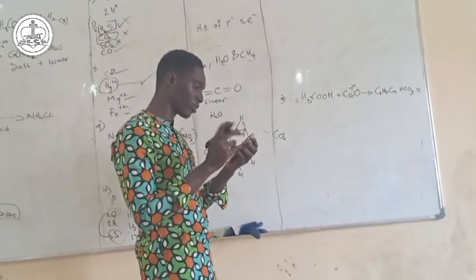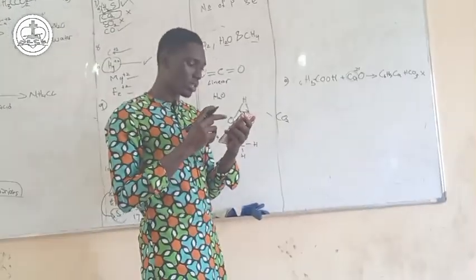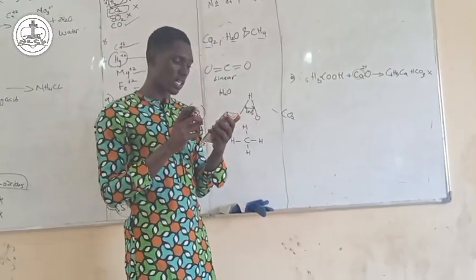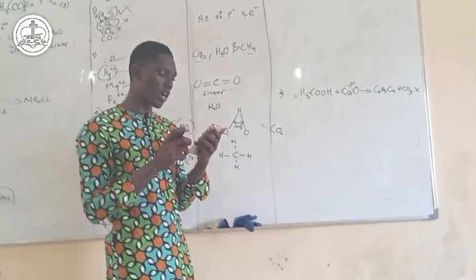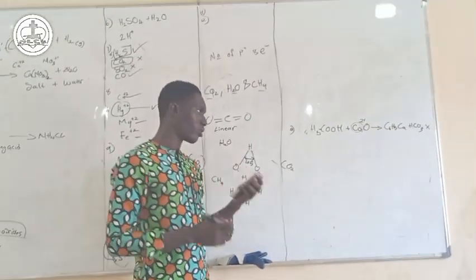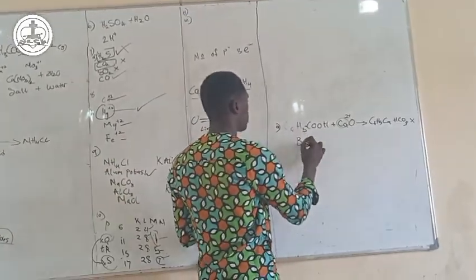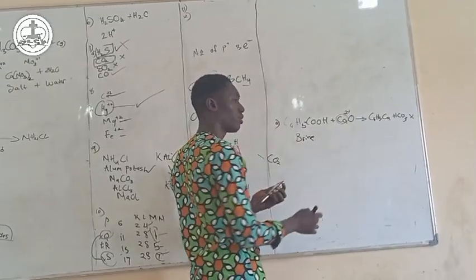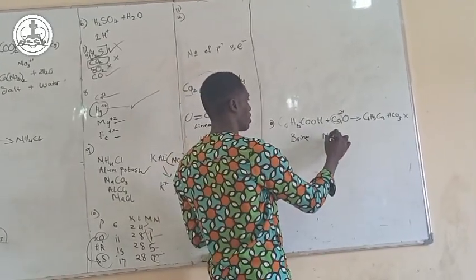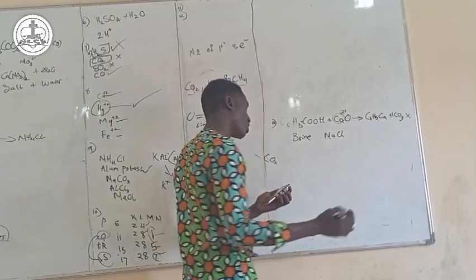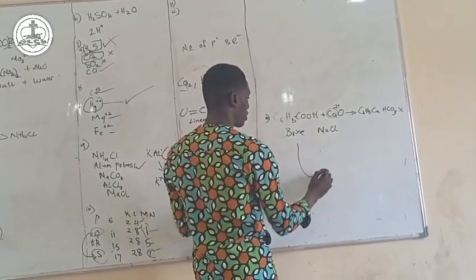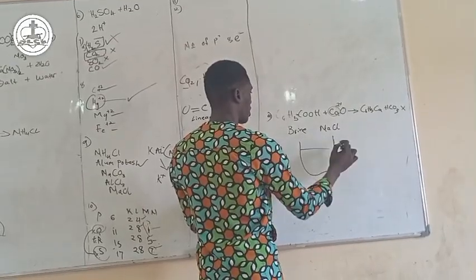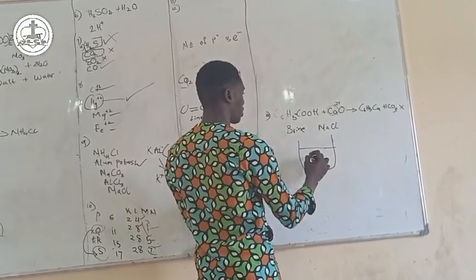Now to number 20, the name of the gas driven off at the negative electrode during electrolysis of brine is. Brine is the industrial name for concentrated NaCl. During the electrolysis, it will be dissolved in water.